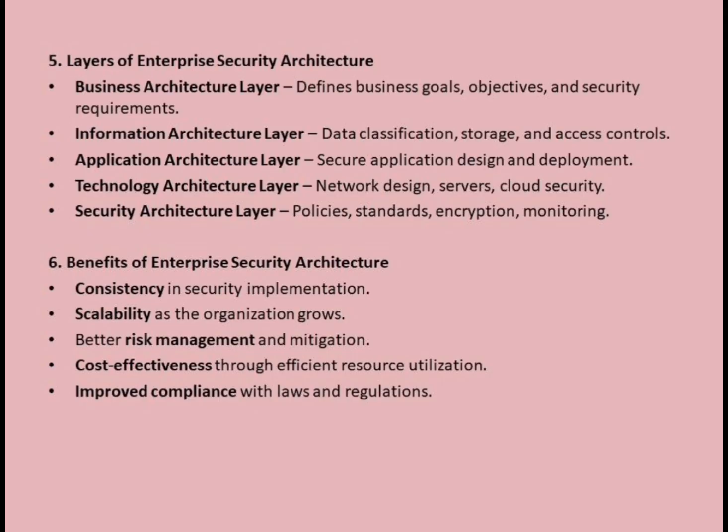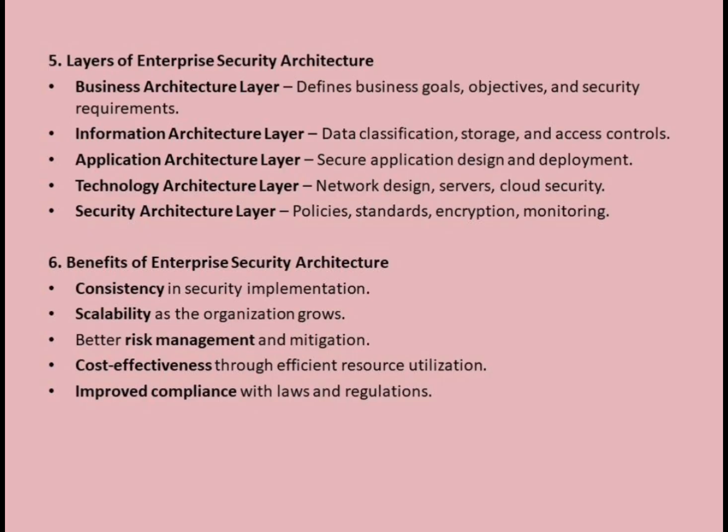The information architecture layer deals with how data is classified, stored, and accessed. Sensitive information such as medical records, employee salaries, or customer credit card details needs stronger protection, like encryption and restricted access, while general data such as public announcements may have fewer controls. For example, hospitals classify patient data as confidential and enforce strict access policies.